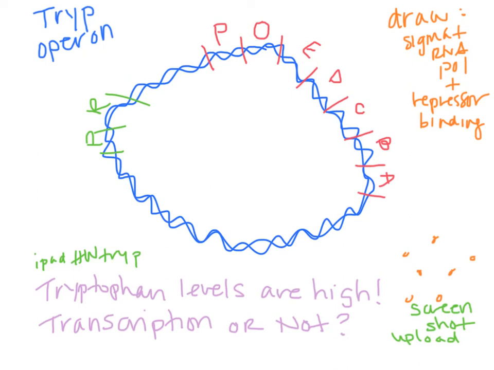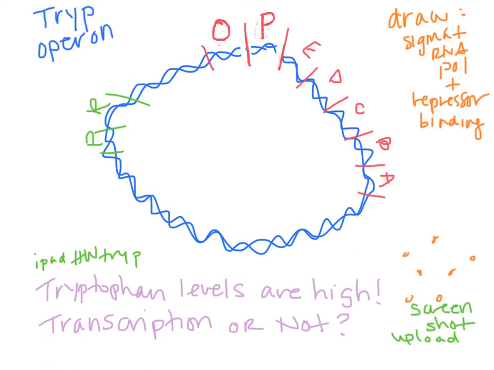And the caveat we have here is that we are moving the operator. We have cut out this sequence, and we've essentially moved it to where the promoter was. So now the operator sits here and the promoter sits there.